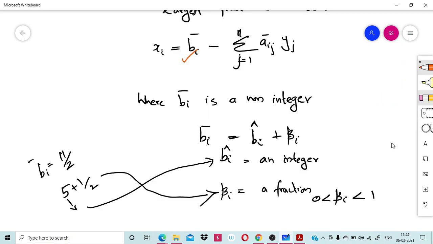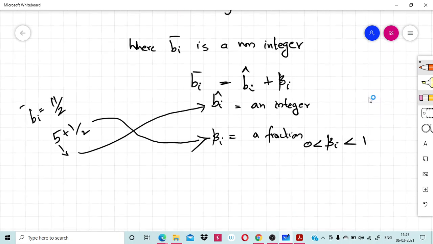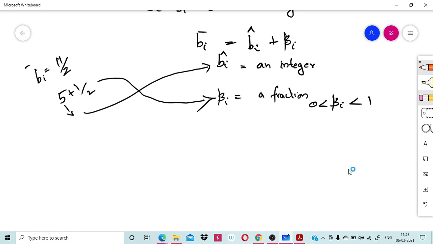Now we have to define this aij bar. What is that value? Again, you can represent this aij bar as, in a similar manner, aij cap plus alpha ij, like your 11 by 2.